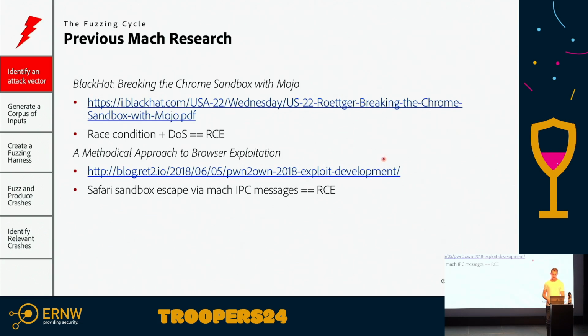The first one I got to see at Black Hat was a very cool race condition in the Mojo framework in Chrome. And the second one, which was a huge inspiration for me, is an 8-part blog series about crafting a Safari RCE exploit and a sandbox escape using IPC messages. So I definitely recommend that as a read if any of this interests you.